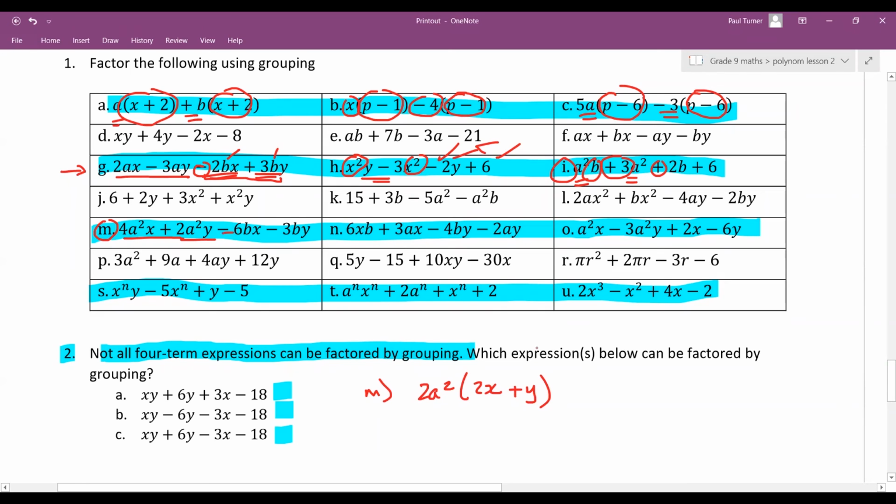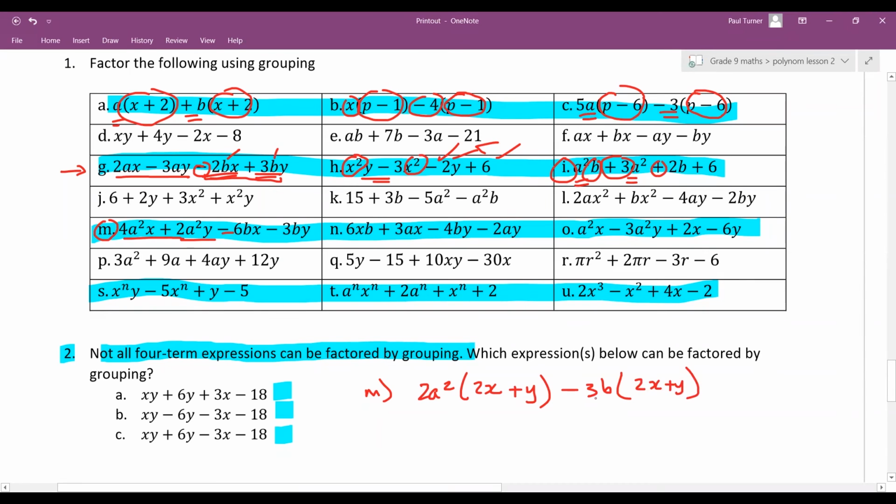Keep your sign, minus. Common factor, b and 3, so 3b is the common factor. You would be left with 2x, should be 2x plus y, right?